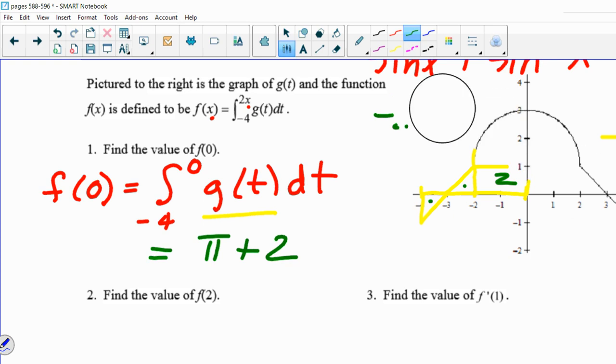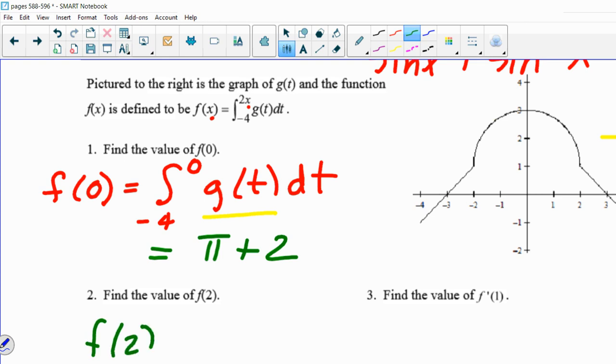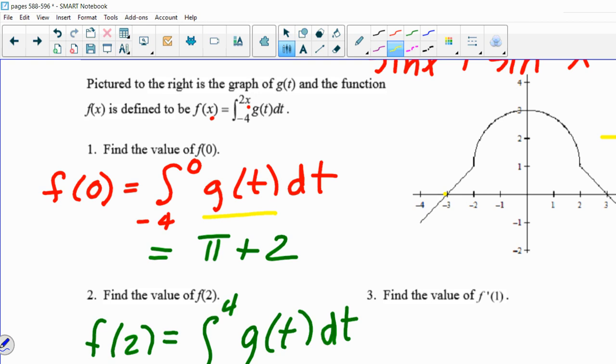Number 2, find the value of f of 2. Well, f of 2 is the integral from -4 to 2 times 2 of g of t dt. So we're going from -4 to 4. Well, snap.